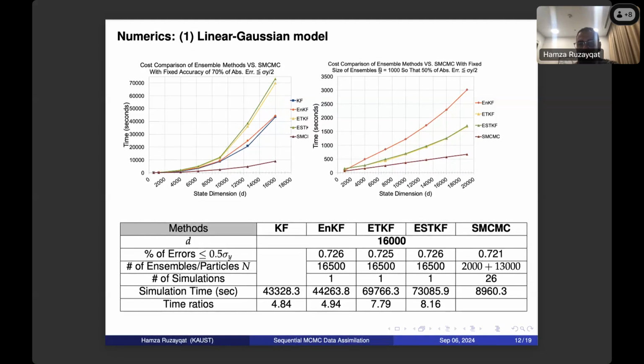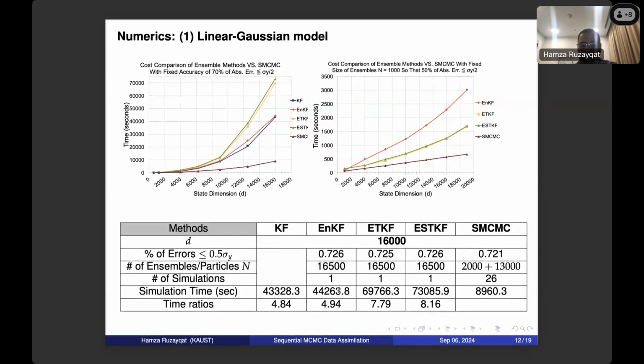In the other figure, I fixed the ensemble size to be 1,000, a number I chose because I want 50% of the errors to be less than or equal to sigma y over 2, for all the methods. In the figure on the left the number of ensemble members is not fixed, but here it is fixed. Still, the cost of SMCMC is much lower for a given accuracy.